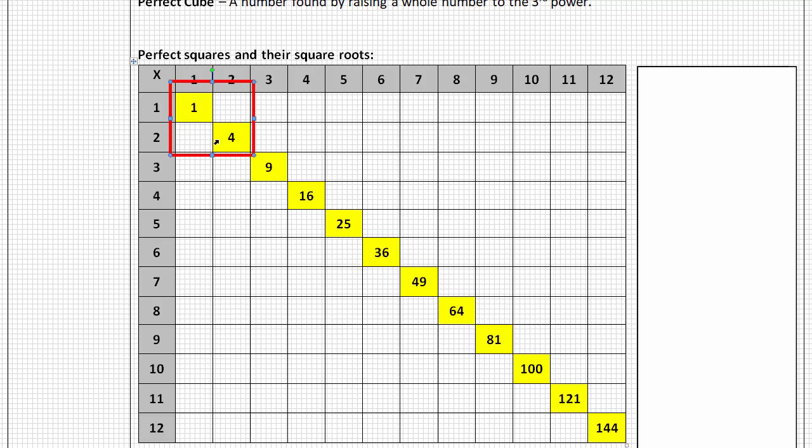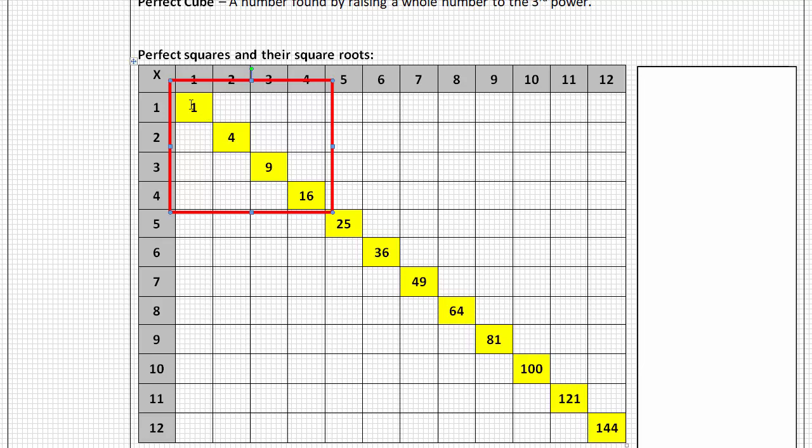So 4 is the next perfect square, and on our multiplication chart we can see it takes up the space with an area of 4. We keep looking at this. 3 squared is 9, so 9 is a perfect square, and its square root is 3. 16 is a perfect square, because 4 squared is 16, so the square root of 16 is 4. So on and so forth.